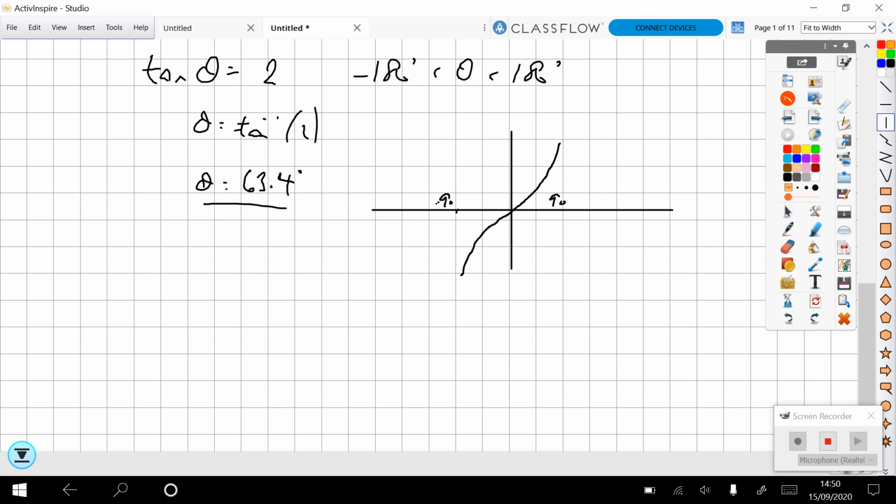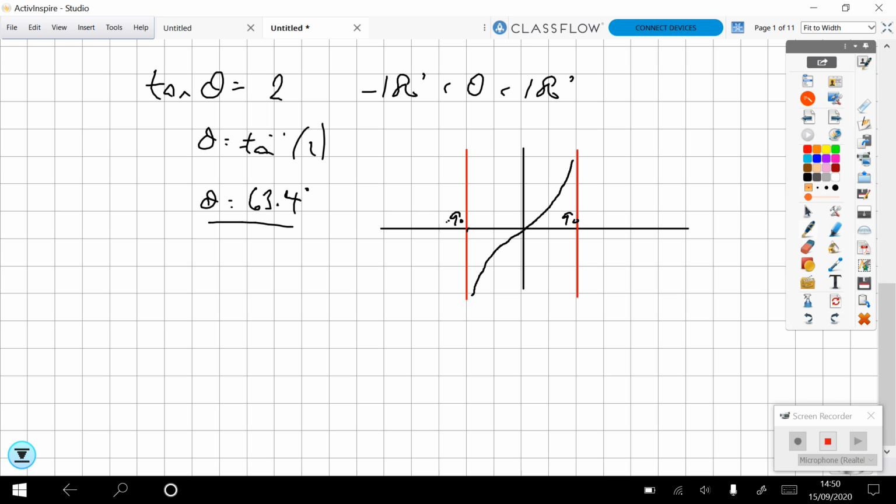And at these values, we have what is called an asymptote. And then the curve cycles again in the next 180 degrees. And so we're going to get a curve that does that, and a curve that does that.